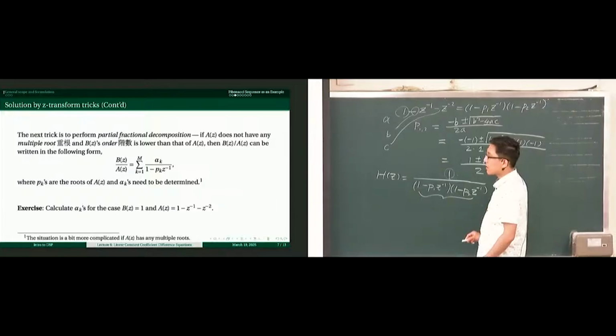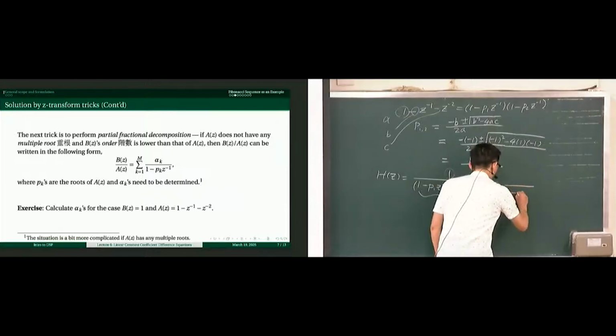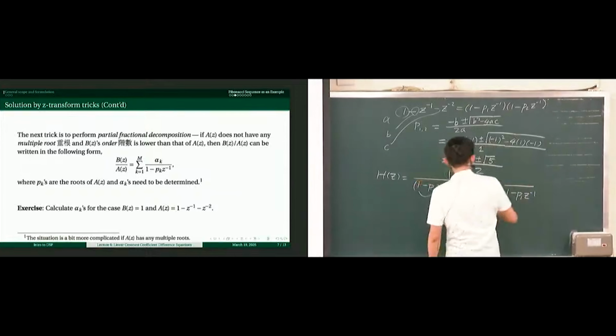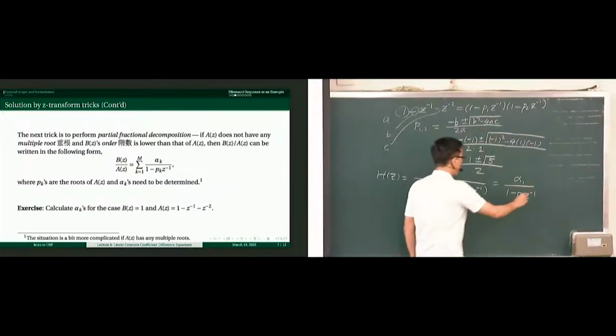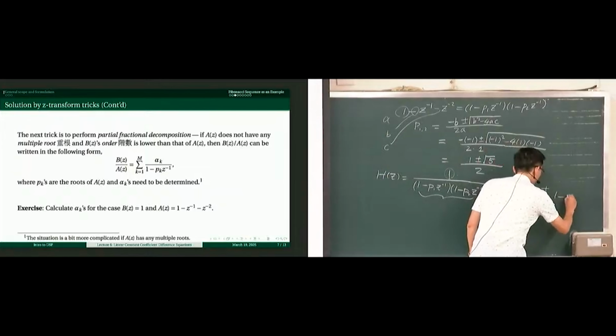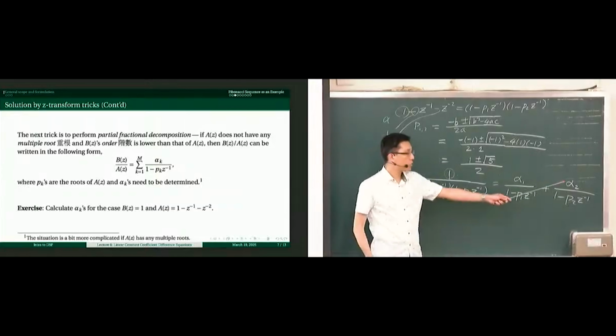If that's the case, then you can always perform this fractional decomposition into alpha 1 over 1 minus P1 z inverse, where there's a coefficient alpha k that has to be determined. Let's call it alpha 1 right here. And next is 1 minus P2 z inverse, with a corresponding coefficient alpha 2 to be determined.